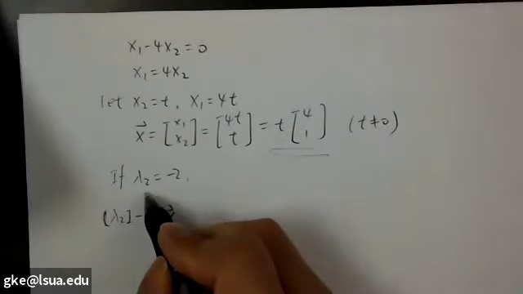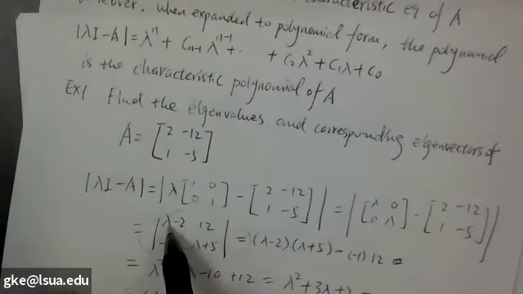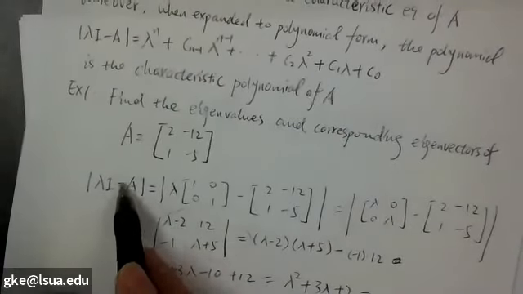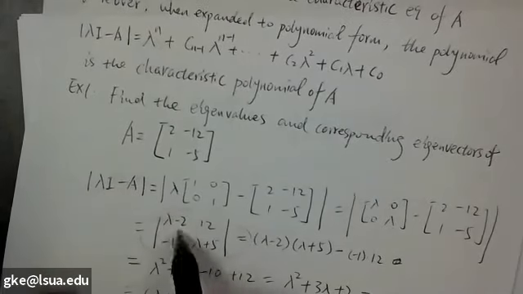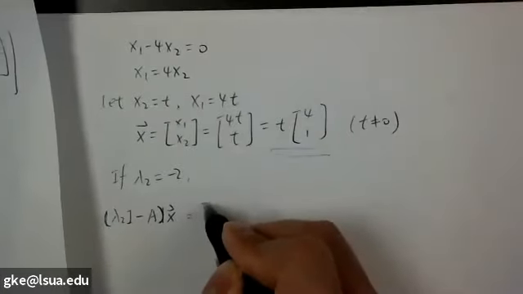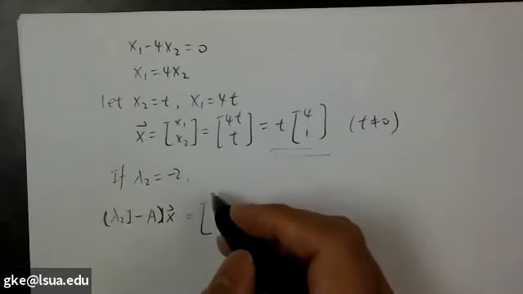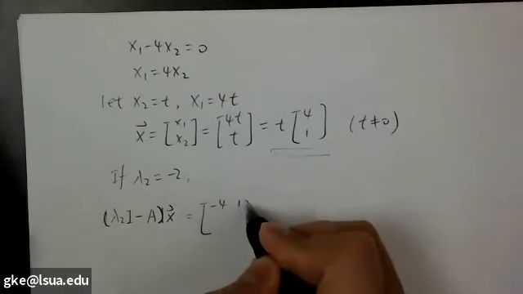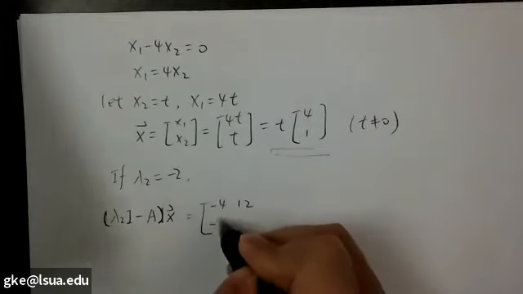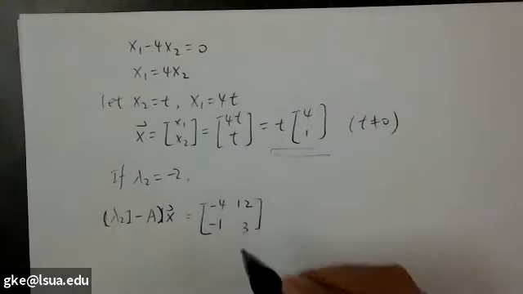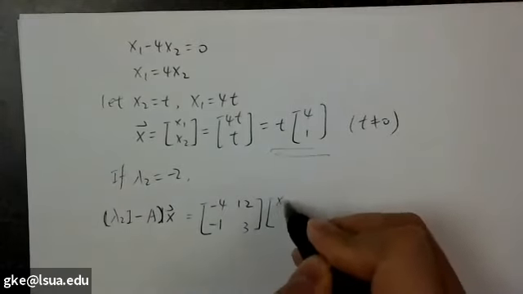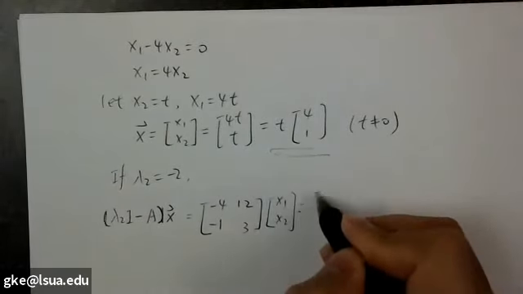Because lambda 2 is -2, we just plug in the -2 here, right? Because it's lambda I minus A, so now it's lambda 2I minus A. We're gonna get the matrix -4, 12, 3, and (x1, x2) equals the 0 vector.